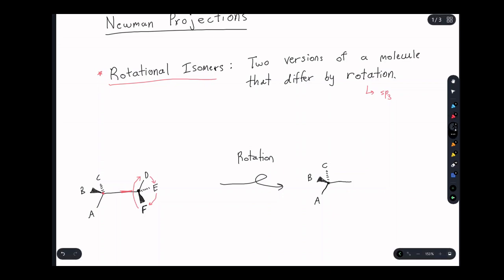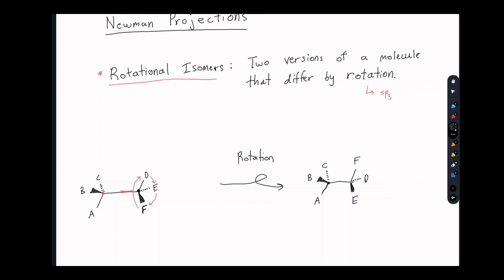What I like to do here is just redraw the same wedges and dashes and straight lines, and then change the substituents. So here, D has moved to the location of E previously. E has moved to the location of F, and F has moved up to the straight line.